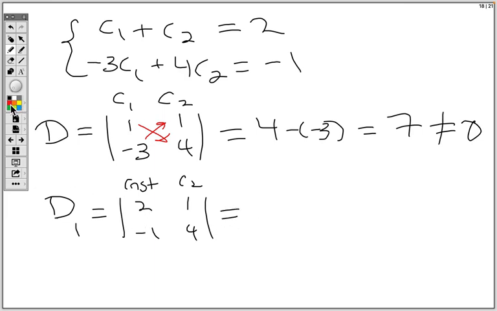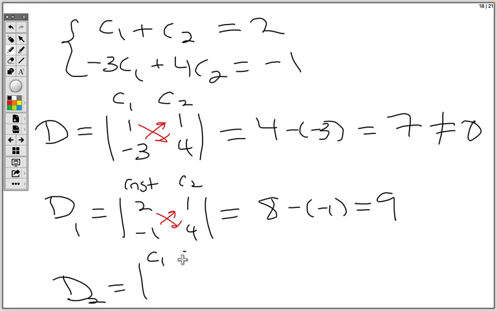So I do the zig minus zag. I get 2 times 4 is 8 minus a negative 1. That gives me a positive 9. For D2, we'll keep the C1 coefficients the same. We'll replace the C2s with the constants. Do the zig minus the zag.